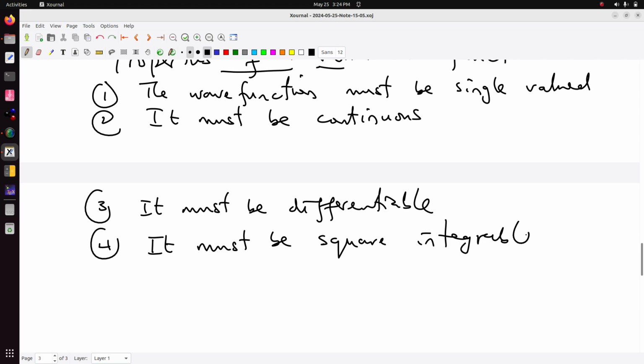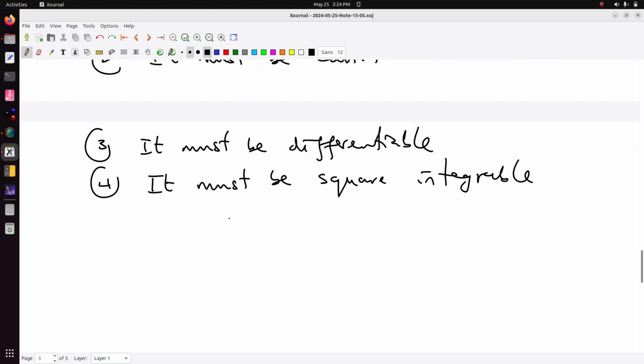What do we mean by square integrable? Square integrable means that if you find the integration of the modulo square of the wave function dx, over the whole space that we are given, maybe minus infinity to infinity or 0 to infinity, it must be less than infinity.